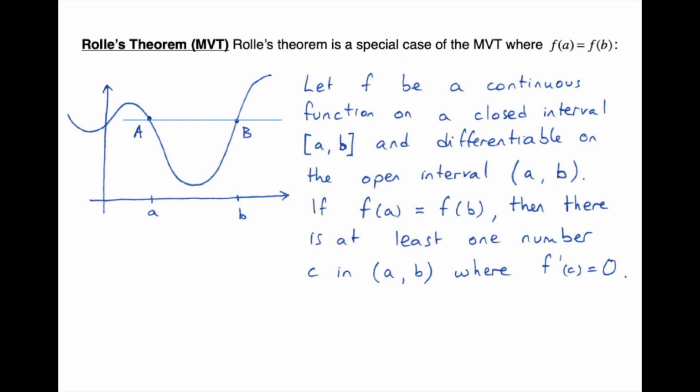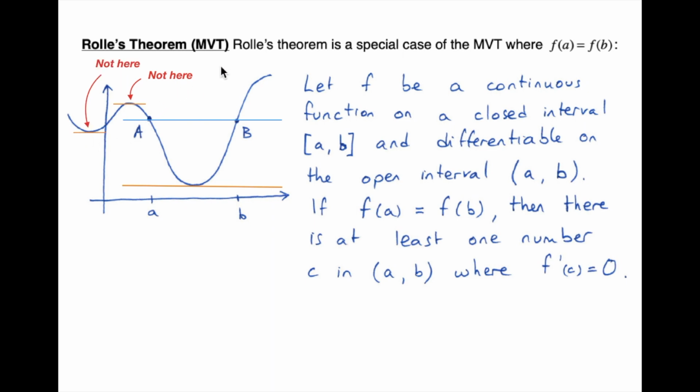My sketch isn't perfect, so A and B don't look like they're quite at the same height, but they should be. And here's the value where f prime of C equals 0 as well, because it's horizontal, it's parallel to the secant line. Notice that there's other places where there's a horizontal tangent, here and here, but these do not count for the MVT.